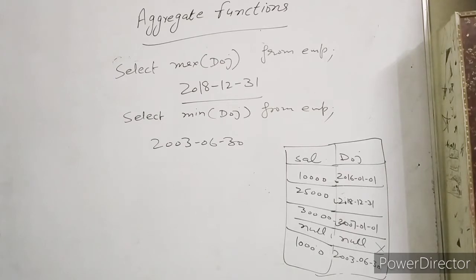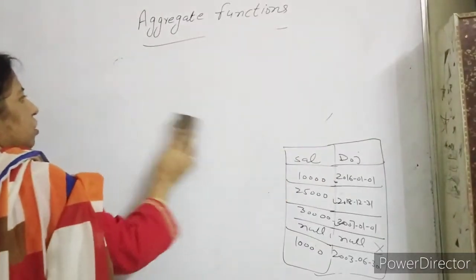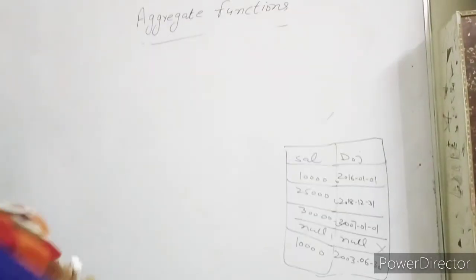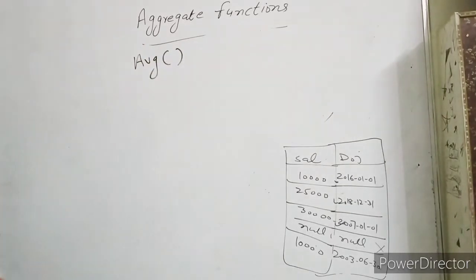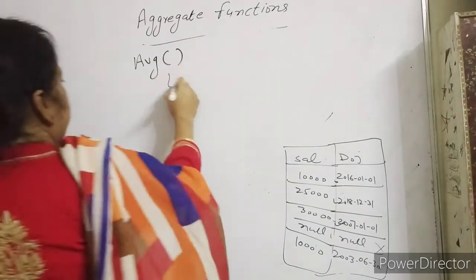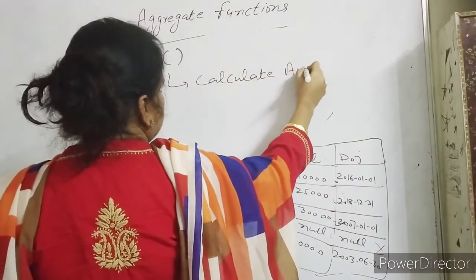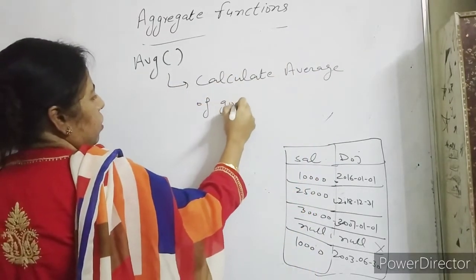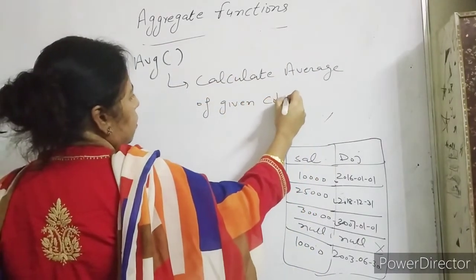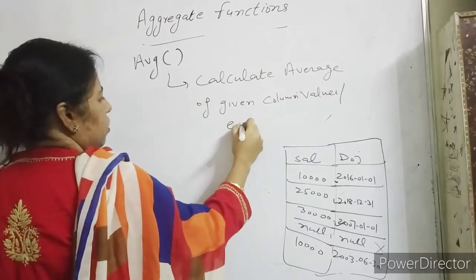AVG is used to calculate the average. Fourth function is average, AVG. It calculates the average of the given column values or expression.